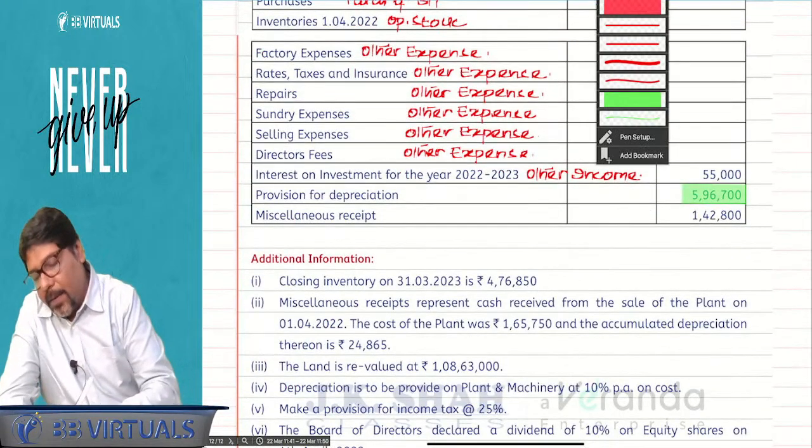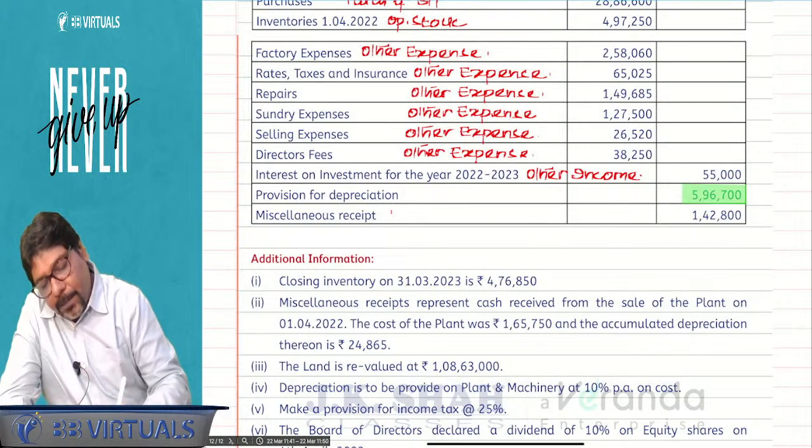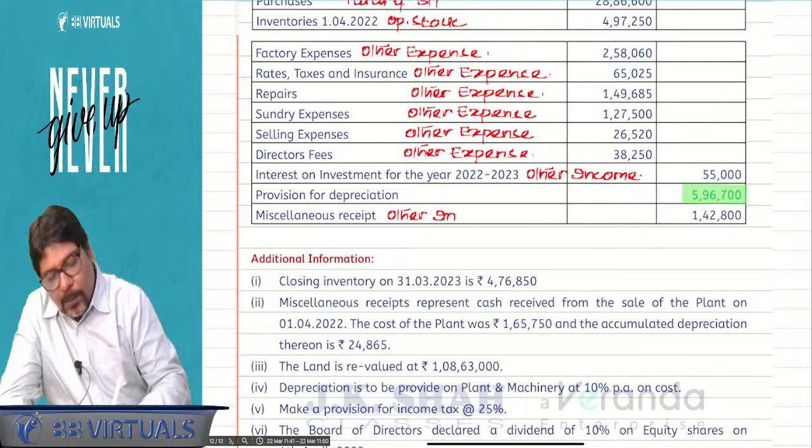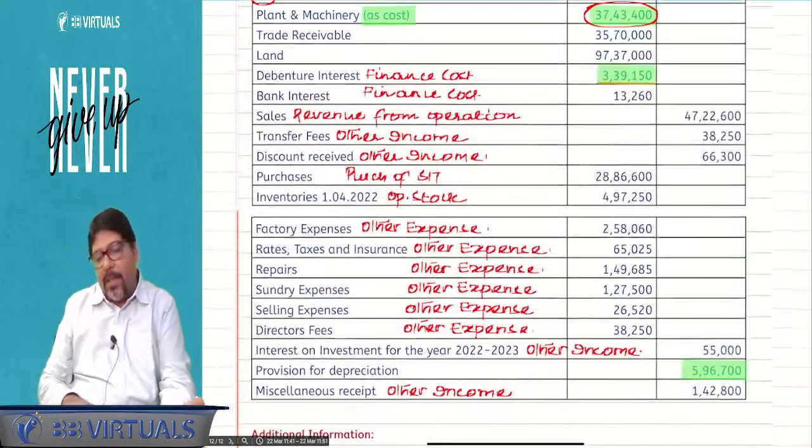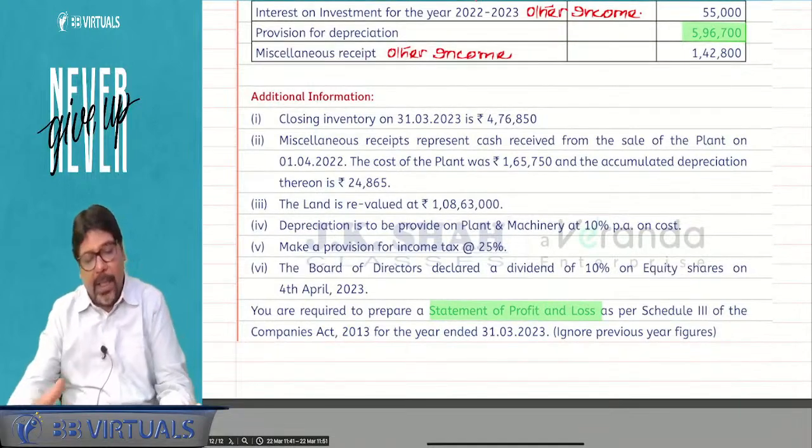Miscellaneous receipts, that will come as other income if it comes. Then it depends on the adjustment. Correct.